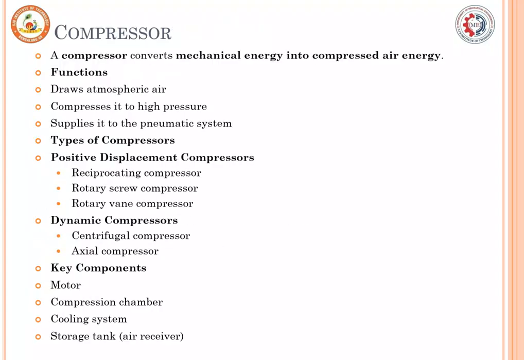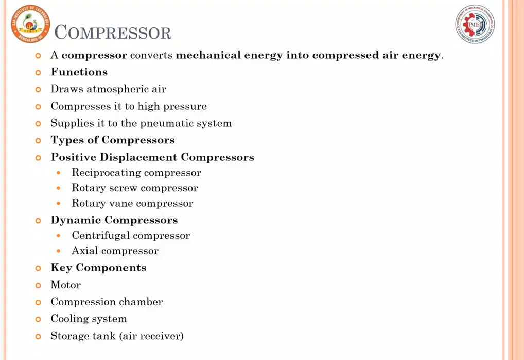This is what we check with the properties of air. The compressor converts mechanical energy into compressed air energy. The functions of the compressor are to draw atmospheric air, compress it to a high pressure, and supply it to the pneumatic system. The types of compressors are positive displacement compressors: reciprocating compressor, rotary screw compressor, and rotary vane compressor.